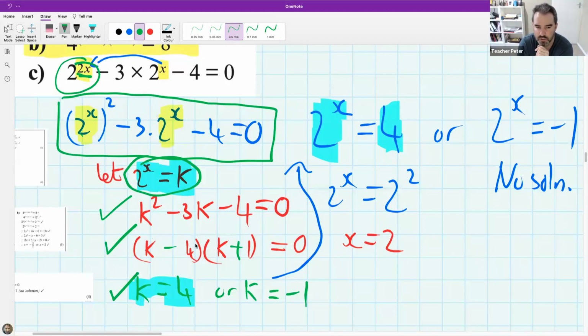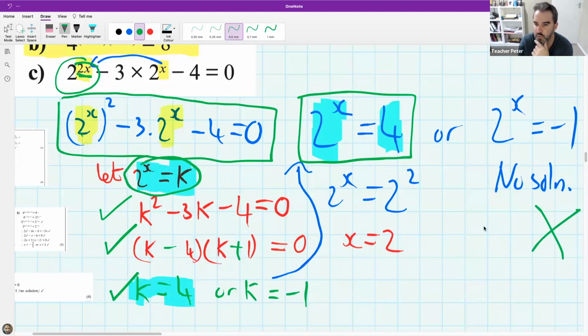Yes, sir. Okay, so now the only thing we can do is say, look, 2 to the x is k is 4, which means 2 to the x must be 4. Now, 2 to the x can also be minus 1, but we've decided that that's not possible, so we reject that. And so the only way this can be true is if x is 2.